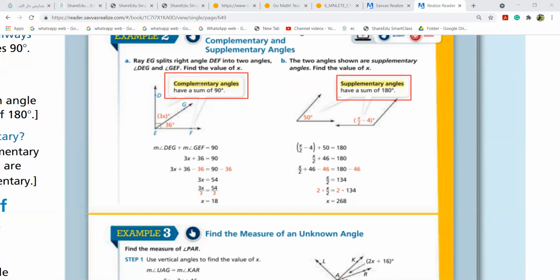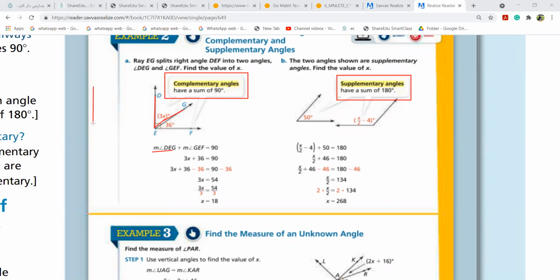Now, when I add these angles, girls, do you all know how to read this? Like this is angle D, angle E, angle G. This is DEG. And this one, angle G, angle E, angle F. Angle DEG and GEF, if you add them, you have plus.